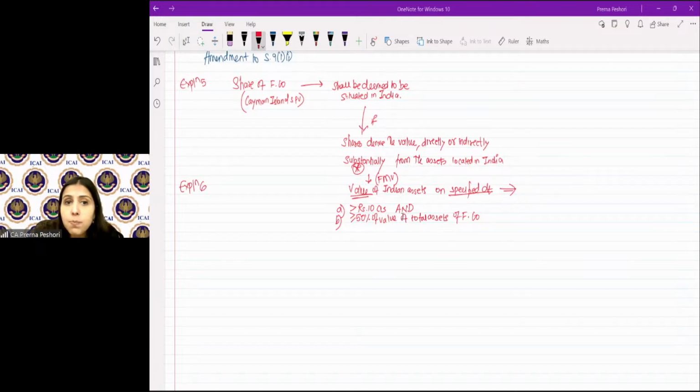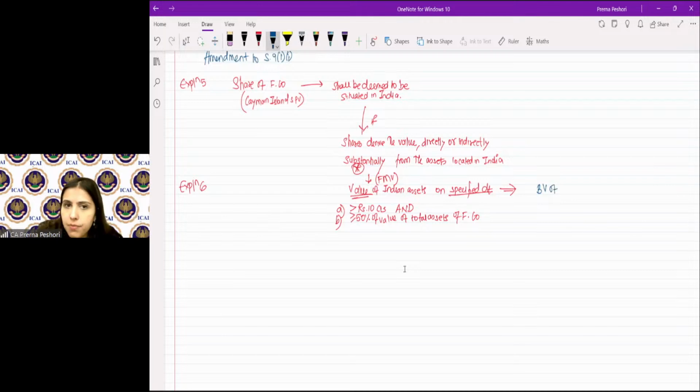So, for that, the specified date is defined as, you need to ask if the book value of the assets on the date of transfer is greater than the 15% of the book value of assets on the last date of the accounting period. What do you need to ask?